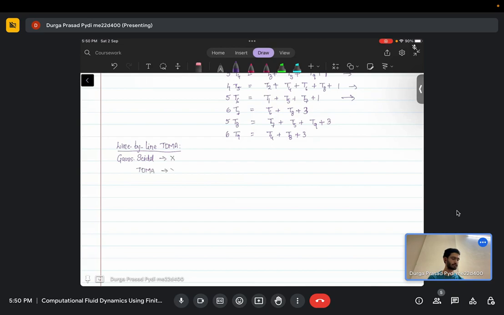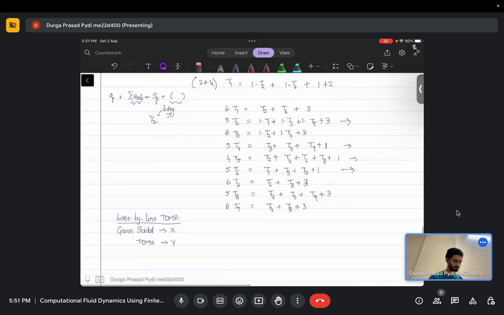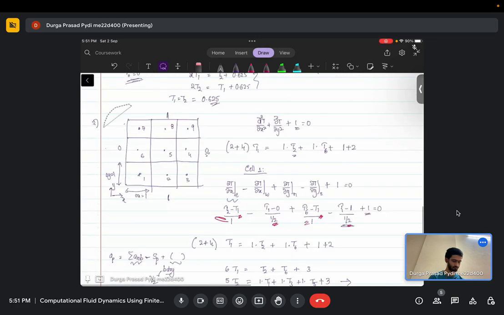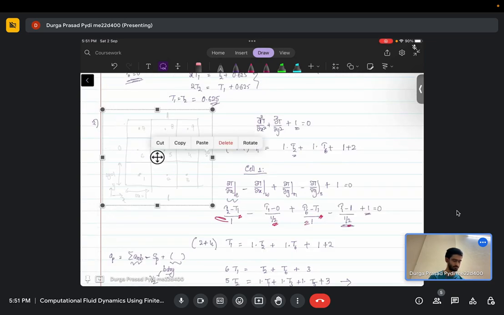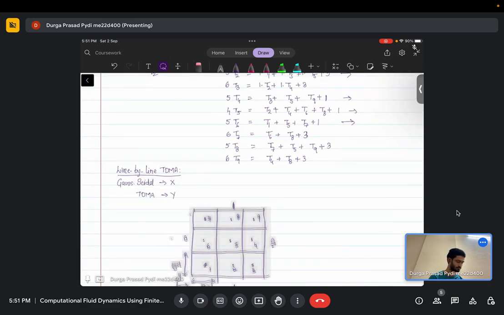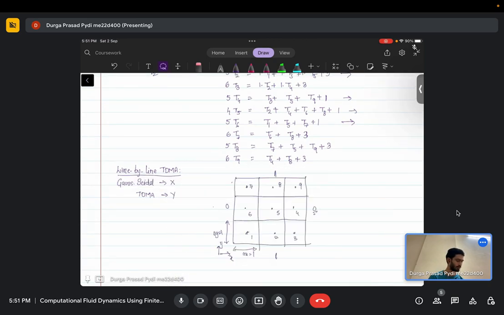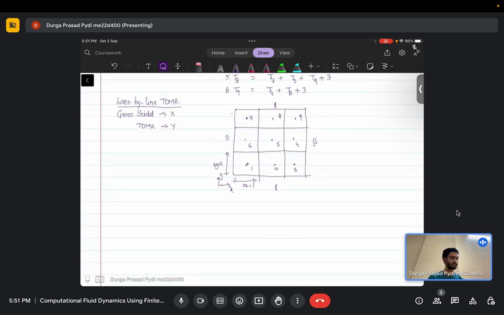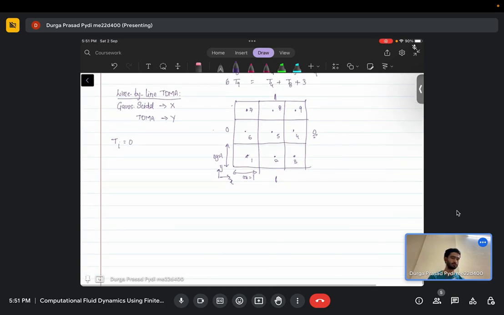If we follow this direction and take the initial guess everywhere as 0, so T for all the cells I am just taking as 0 as the initial guess, and I am taking the y direction as my TDMA.